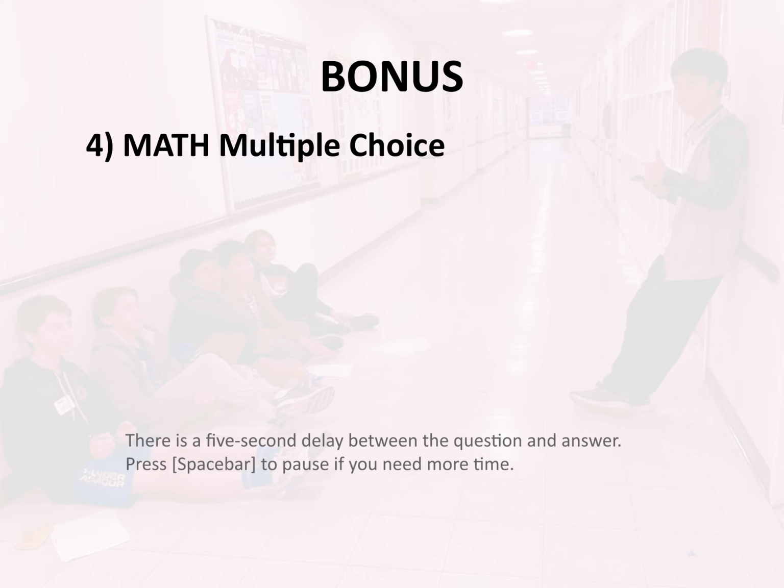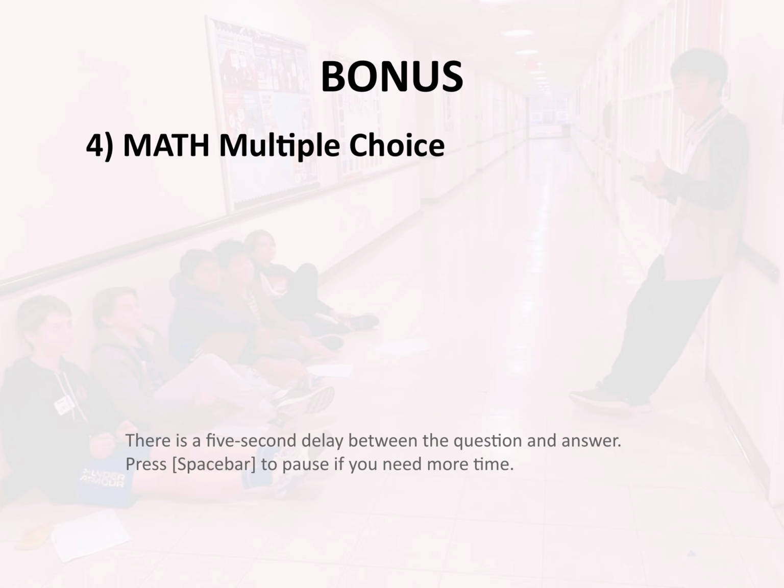Bonus 4. Math. Multiple choice. If f of x equals negative 2x squared plus 8x minus 4, which of the following is true? W. F is not a one-to-one function. X. The graph of f opens upward.